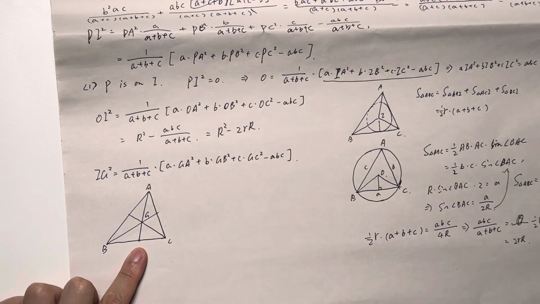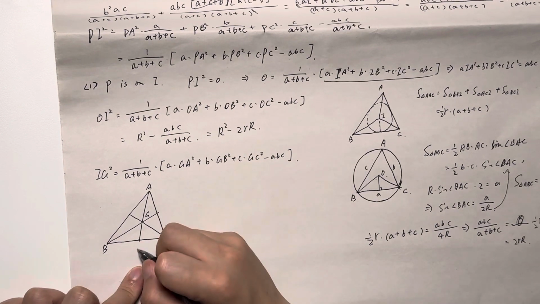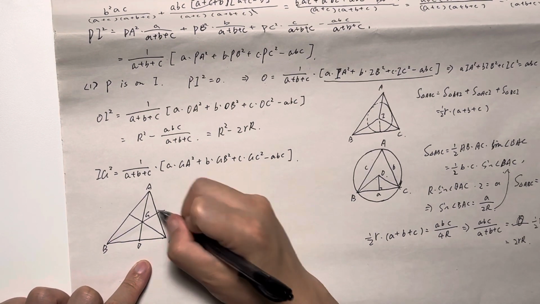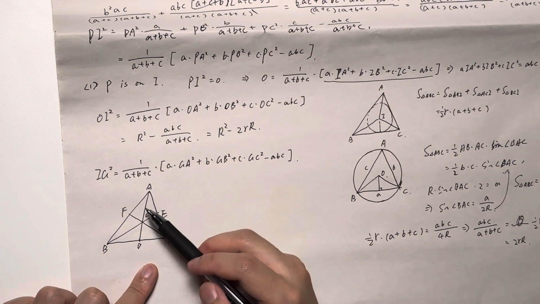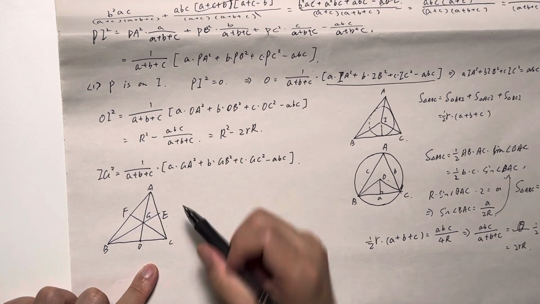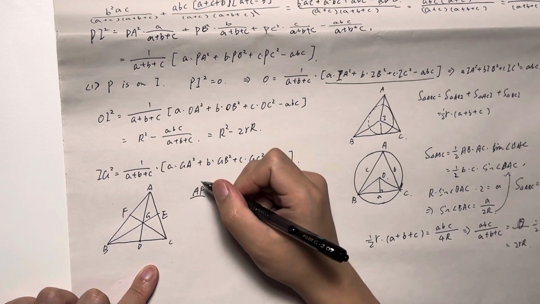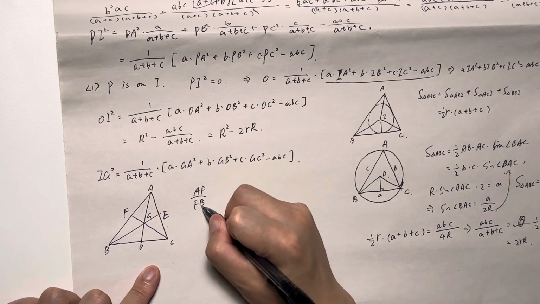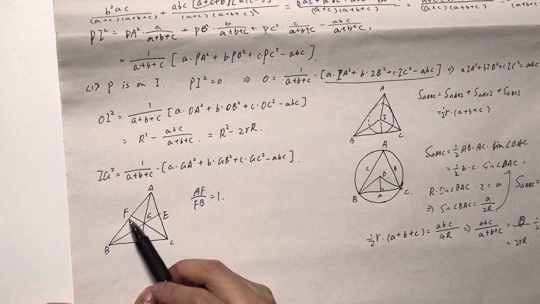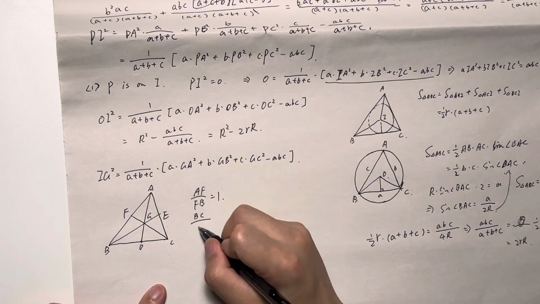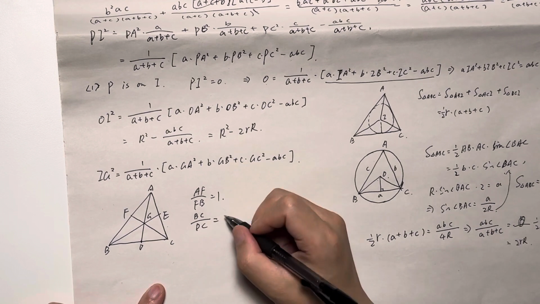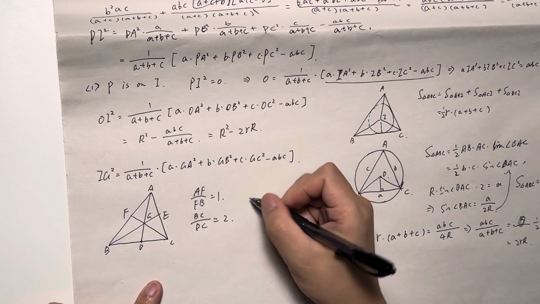Notice that, let's say this is D, E, F, right? Because AF to FB equals 1, BD to DC equals 1.